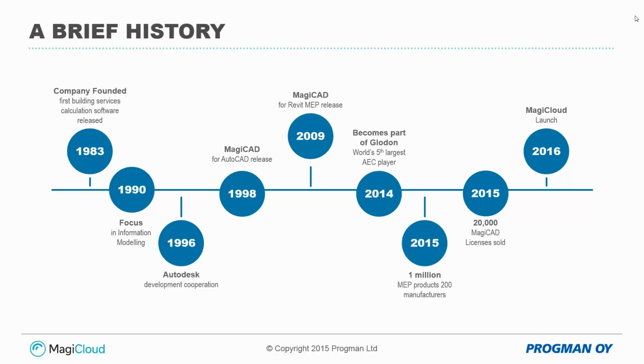To have a quick overlook on our company's history, we have to go back to 1983 when the company was founded, and we actually started with a small software solution for calculation of heating networks. So that has been the focus since the beginning.